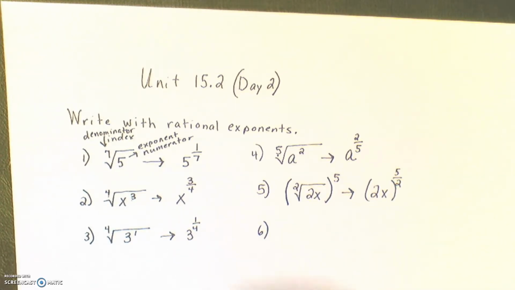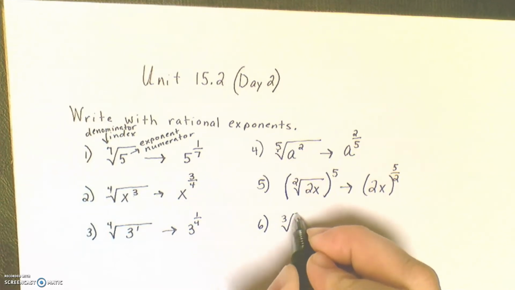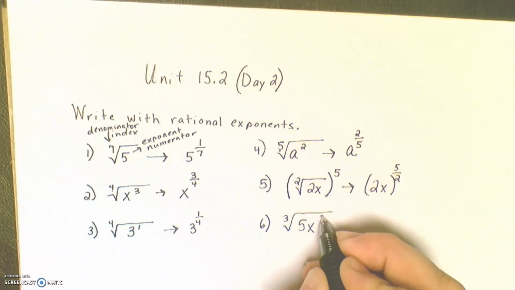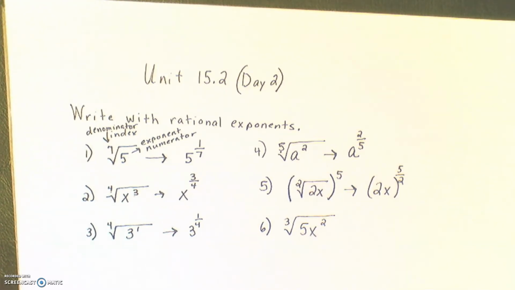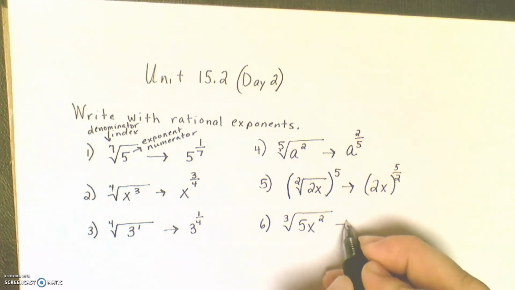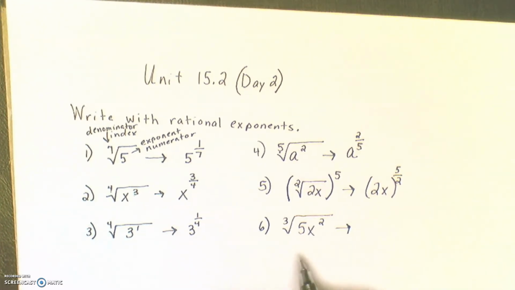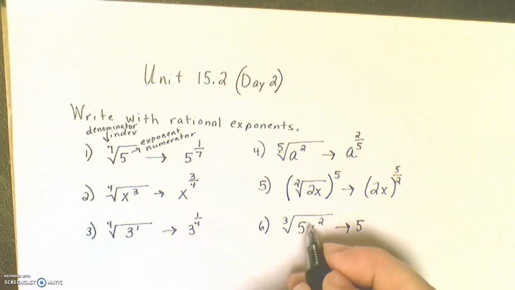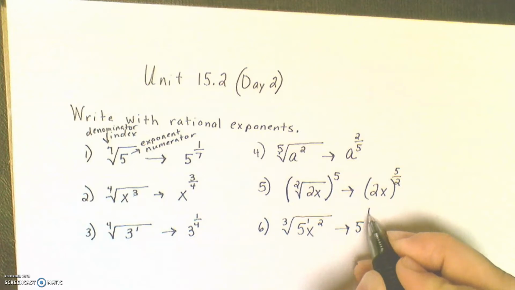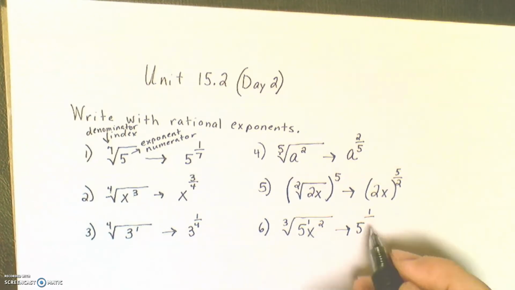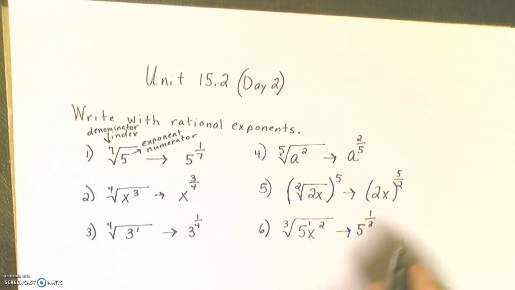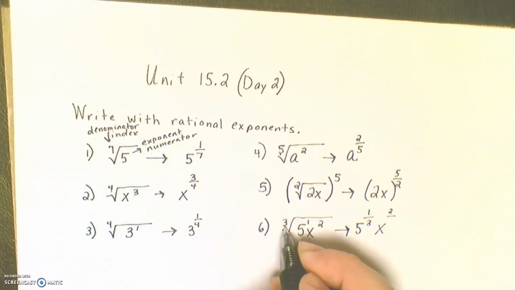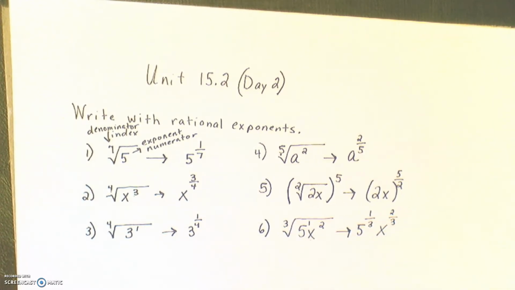Number 6, cube root, 5 x squared. When you don't have parentheses, we're going to break up the 5 and the x squared. 5, exponent is 1, denominator is 3, x, exponent's 2, index is 3, the denominator.